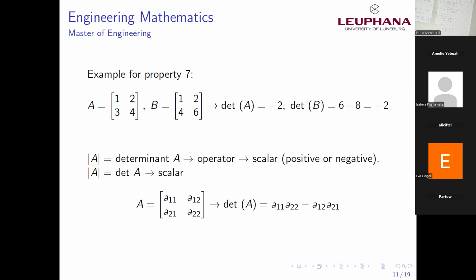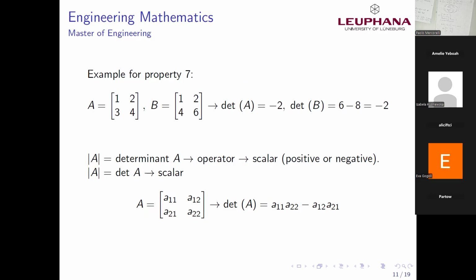It is easy to remember. If I have a 2 times 2 matrix, it is the product of the diagonal elements minus the product of the anti-diagonal elements. That can relatively easily be kept in mind.